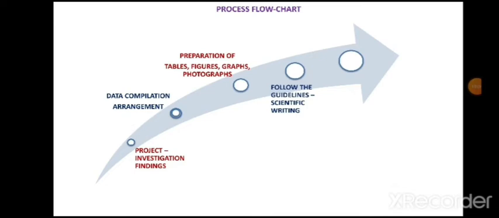Scientific writing is a very important part of your research work, because you need to have writing skills for the better presentation of your data and your work. This is how we follow the guidelines, and then we go for the preparation of the first draft. That first draft will be checked by the respective guide, and he or she will suggest some changes according to the guidelines.